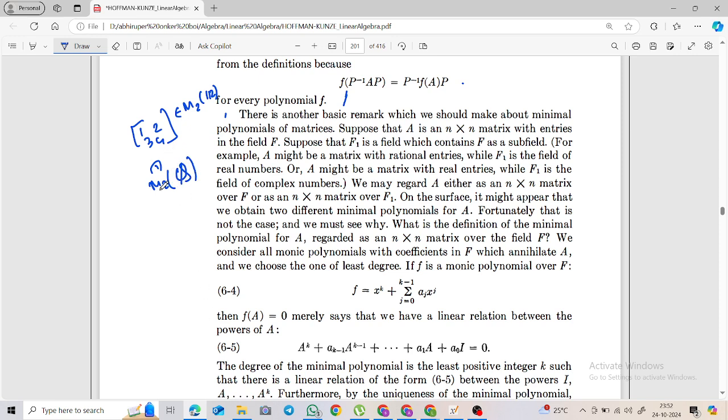So one natural question is whether the minimal polynomial of this matrix A over R is the same as the minimal polynomial over Q. I mean, whether P_A^R(x) and P_A^Q(x) are the same. We will prove that these are actually the same.